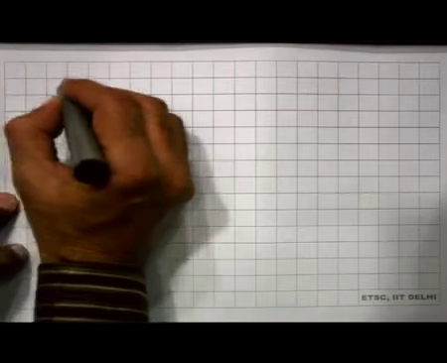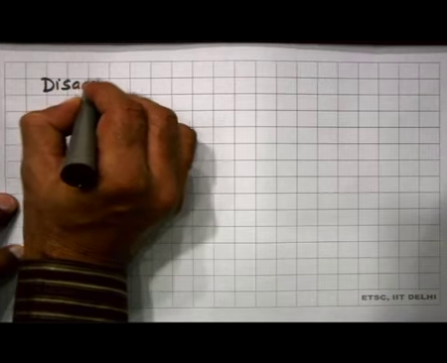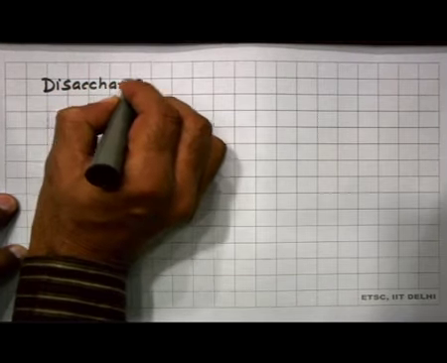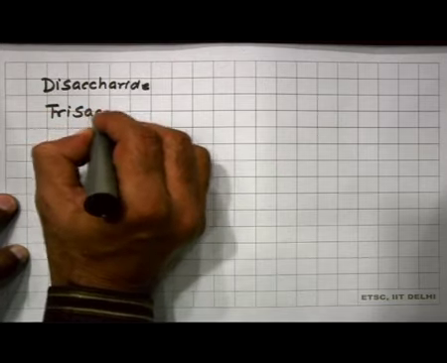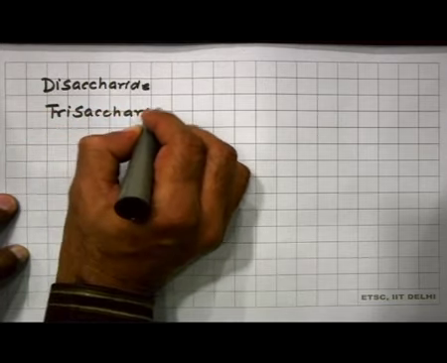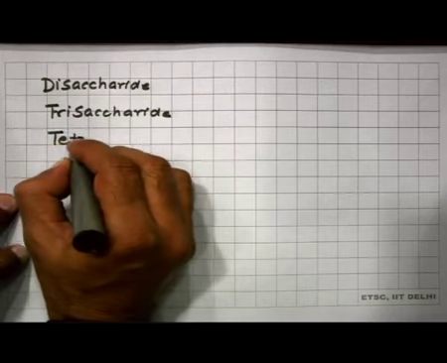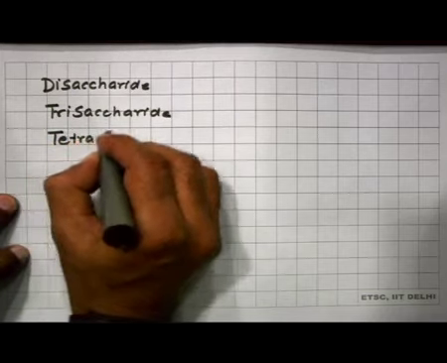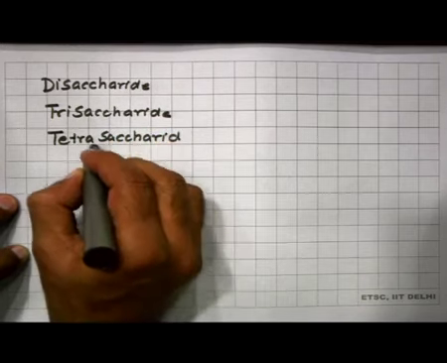So, oligosaccharide has been classified into disaccharide, trisaccharide, tetrasaccharide, and so on.